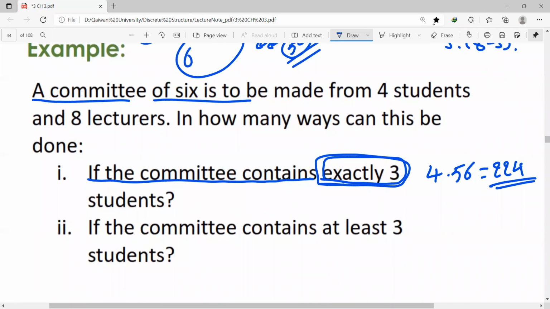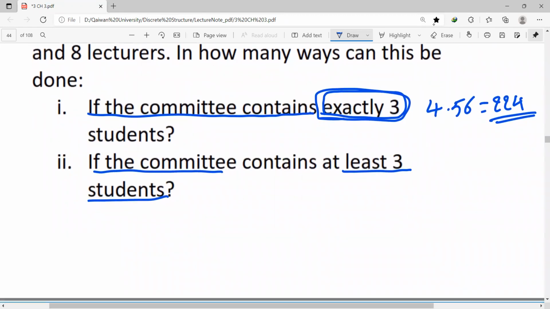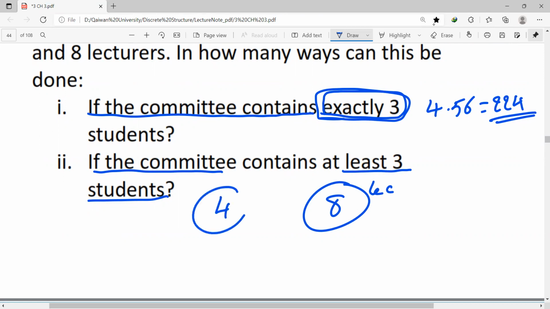And here you have the second part of the example. It says, if the committee contains at least 3 students. Look, here you have some cases. We have 8 lecturers and 4 students.